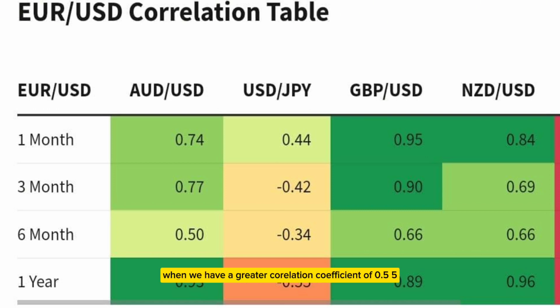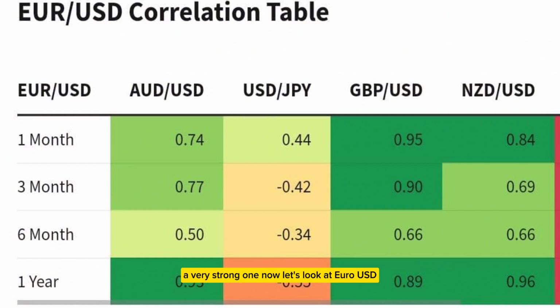But when we have a greater correlation coefficient of 0.56789, we will say that the positive correlation is very strong. That means it is most likely that these two pairs will move in the same direction per time. So in 1 year, we'll notice that Euro USD and AUD USD have a positive relationship, a very strong one.